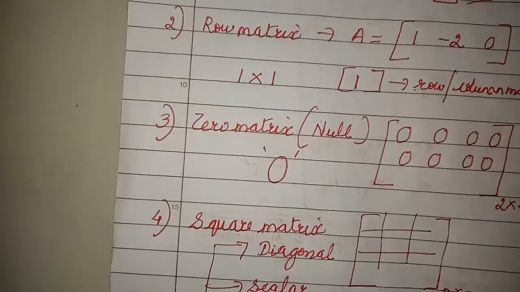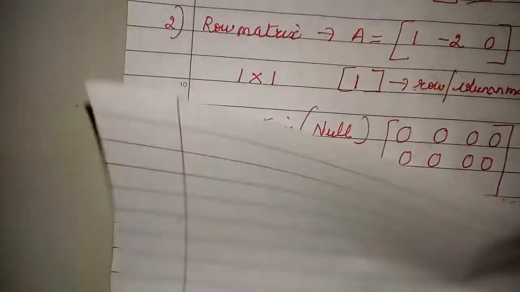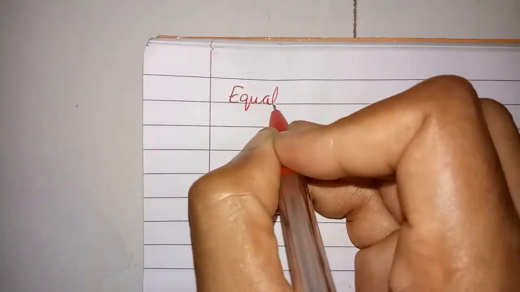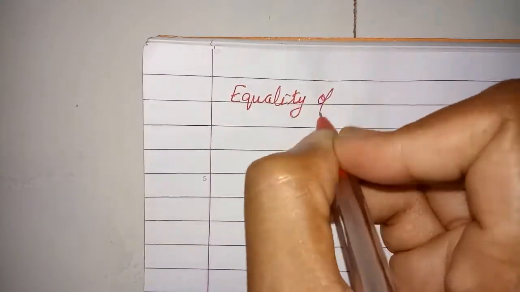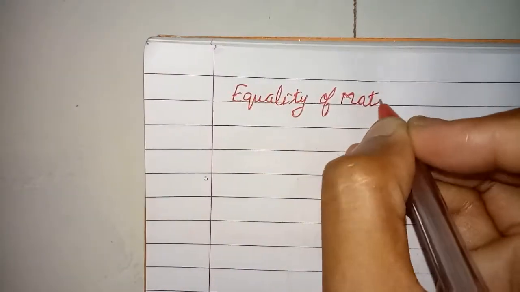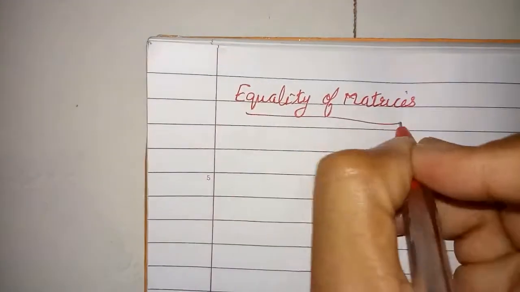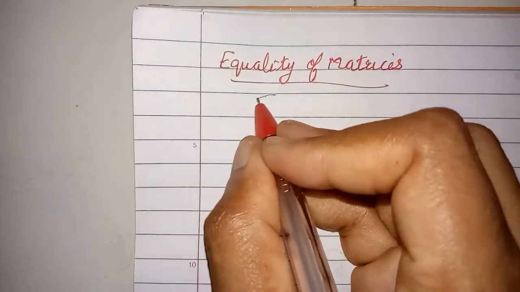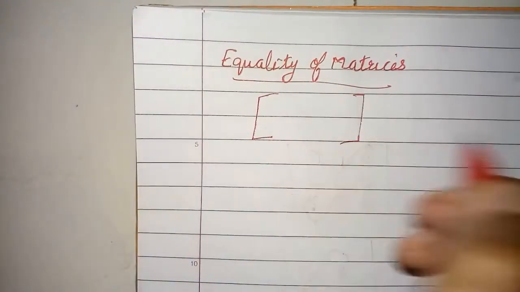Okay, now one last topic we are learning here is when two matrices are equal. See, you can get one or more than two matrices, right? So when are matrices equal? So we are learning equality of matrices. Suppose I write two matrices, children.